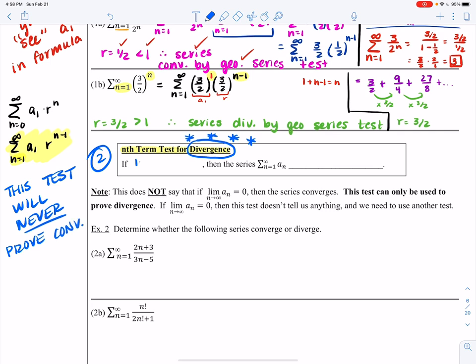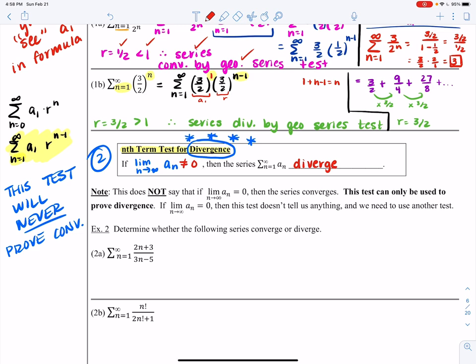If you take a limit as n approaches infinity of the a sub n formula, and it is not equal to 0, then the series is going to diverge. Now, why does this make sense?